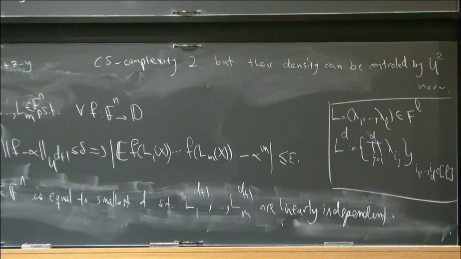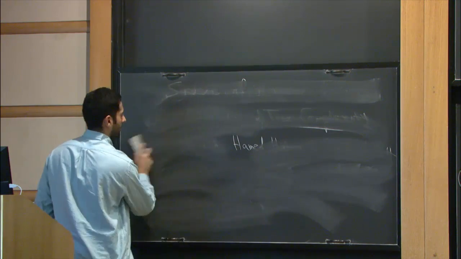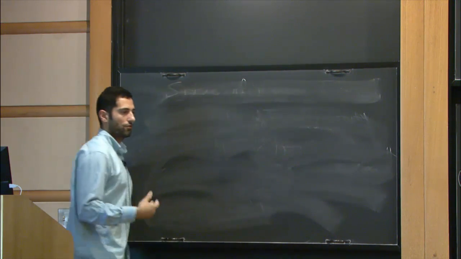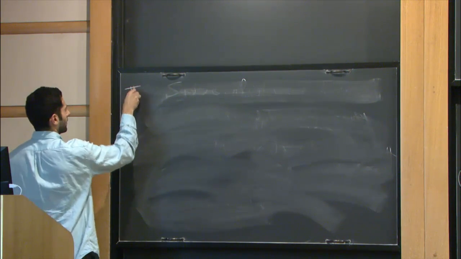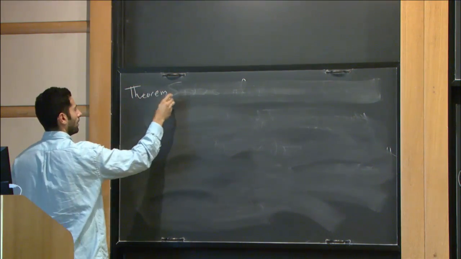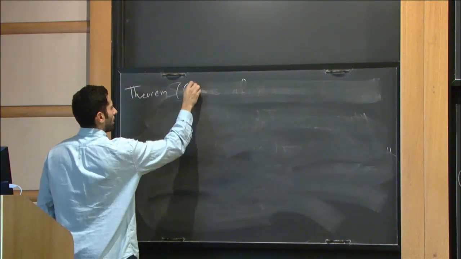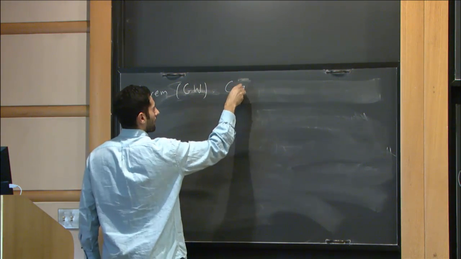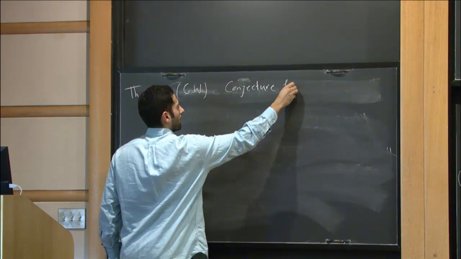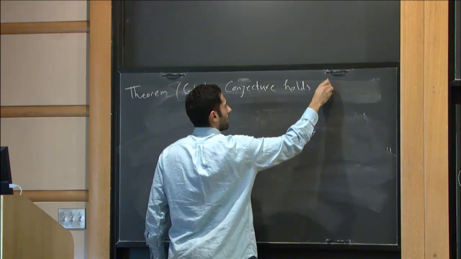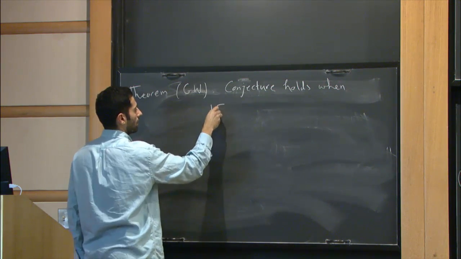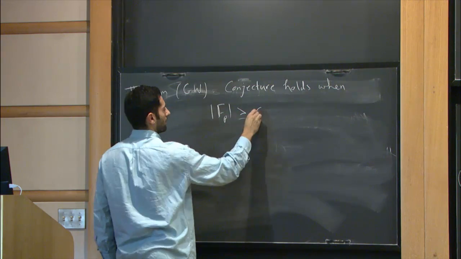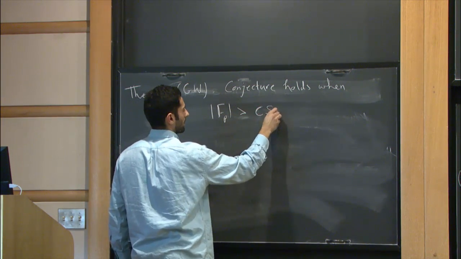And they in fact proved something about this. They proved it for the case when the size of the field is really large. So the theorem of Gowers and Wolf is that the conjecture holds when p is strictly greater than the Cauchy-Schwarz complexity.